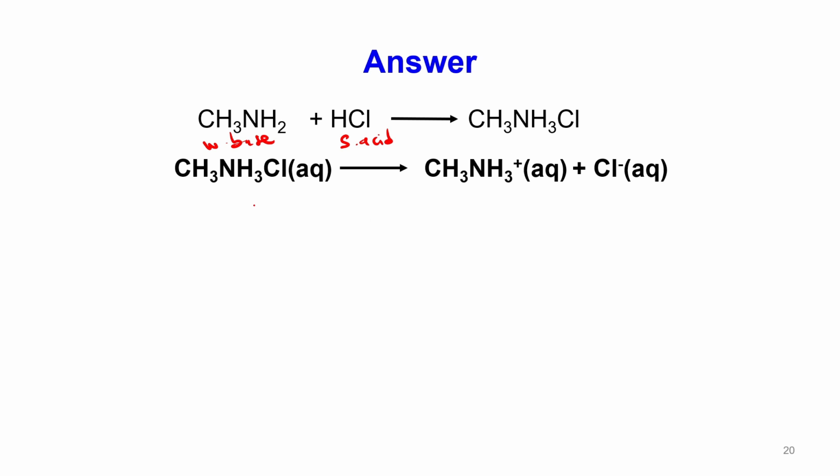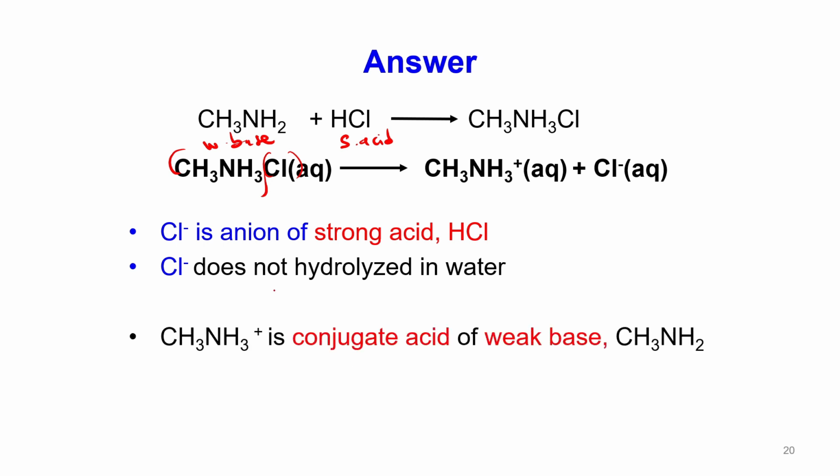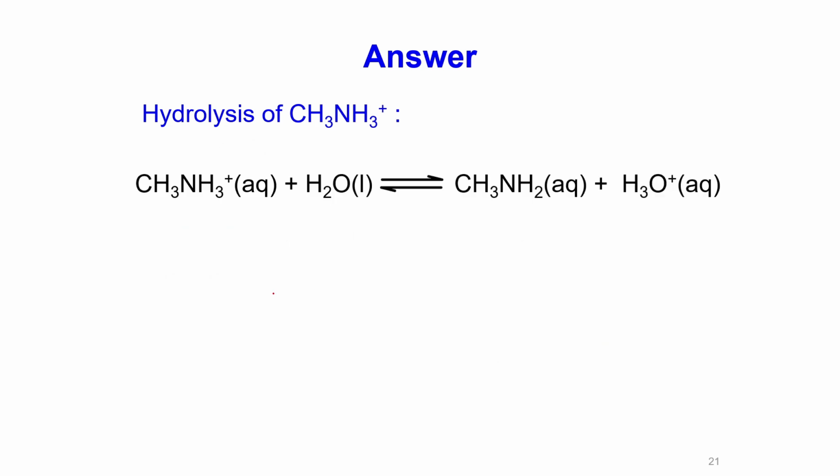So CH3NH3Cl will dissociate into the ions CH3NH3 plus and Cl minus. Cl minus is the anion of a strong acid, because it comes from the strong acid. So it is a weak conjugate base, and it does not undergo hydrolysis. The one that will undergo hydrolysis is CH3NH3 plus. When it undergoes hydrolysis with water, it will produce H3O plus.